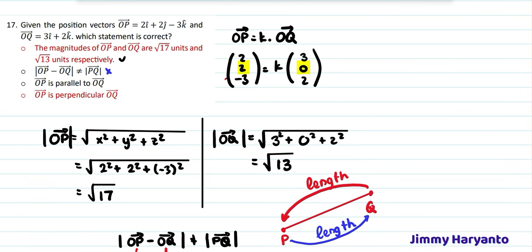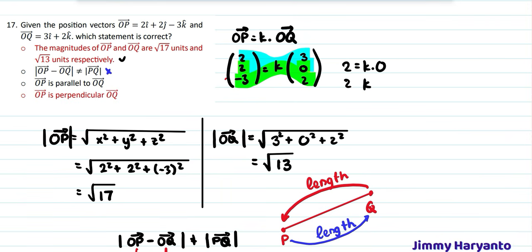So K has to be equal for each of the equations. If you find the K from the top one, and then you find the K from the bottom one, and then you find the K from the middle, it has to be the same for all of them. And this one we cannot find it because it's already clear that 2 divided by 0 is undefined. That means they are not parallel.